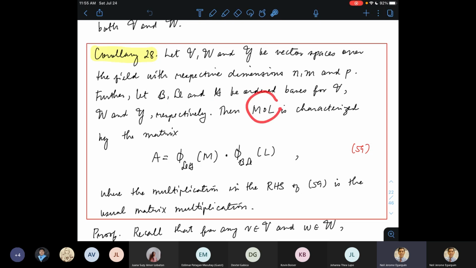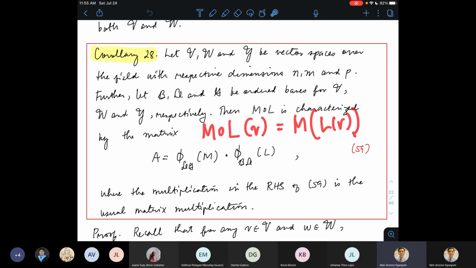And then we look at the composition M circle L, right? Remember, M circle L will be a map from what? From V to Y, tama? Such that M circle L of V is equal to M of L of V, right?